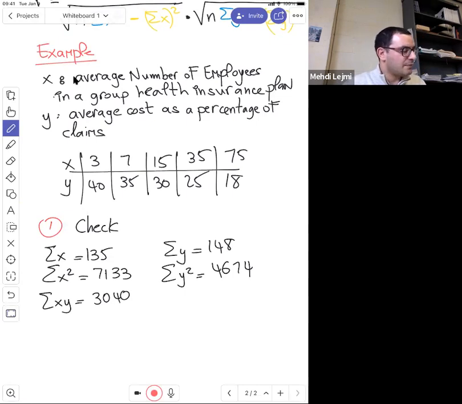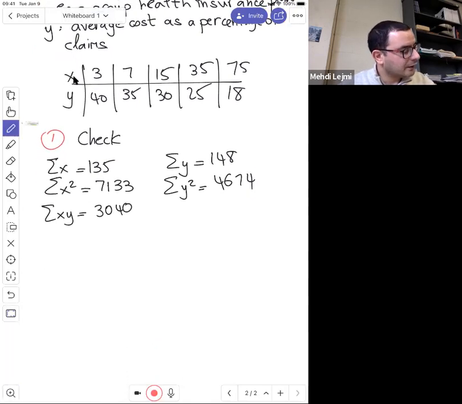Let me explain each symbol here. For number 1, the sum of the x's. You take the values of x: 3, 7, 15. Those are the values of x, the numbers on the top.